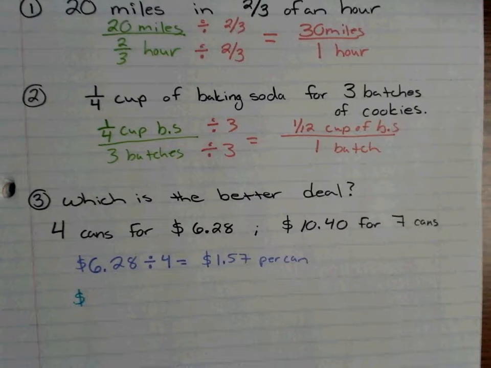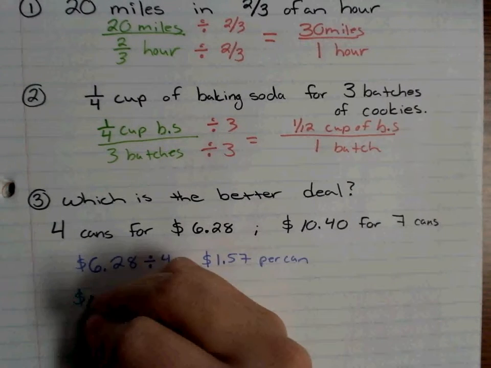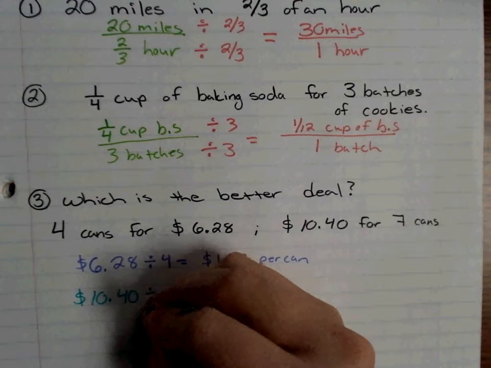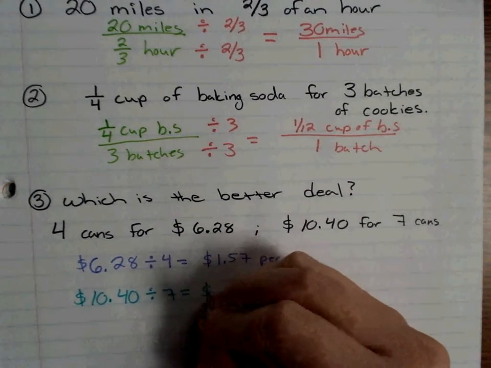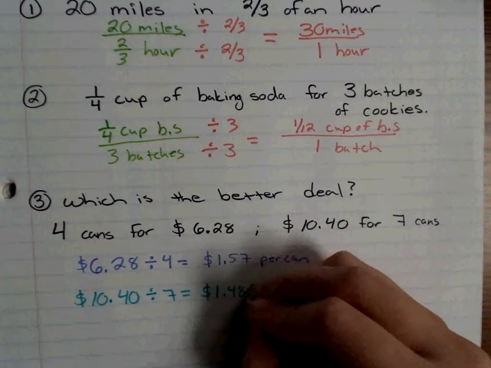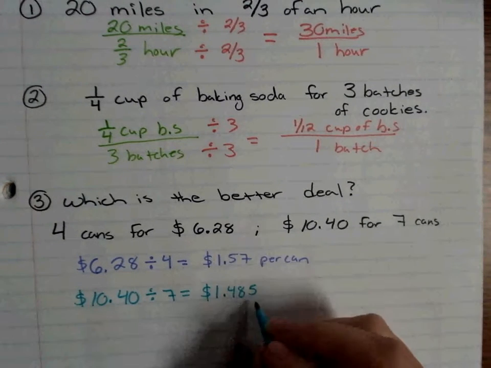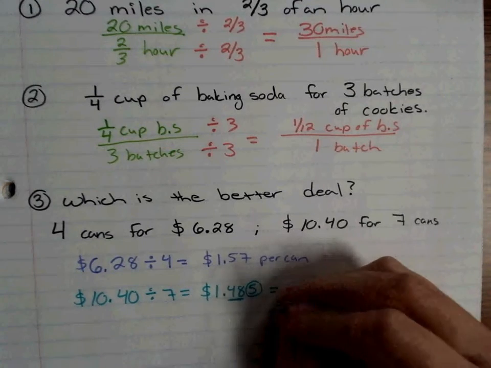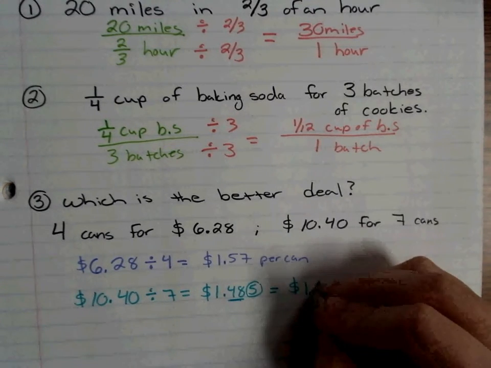It should be 149. You have to round correctly. So if we do $10.40 and divide it by 7, it's going to come out to 1.4857. It keeps going. But that 5 is going to tell you to round that 48 up to 49 cents. So it's going to be $1.49 per can.